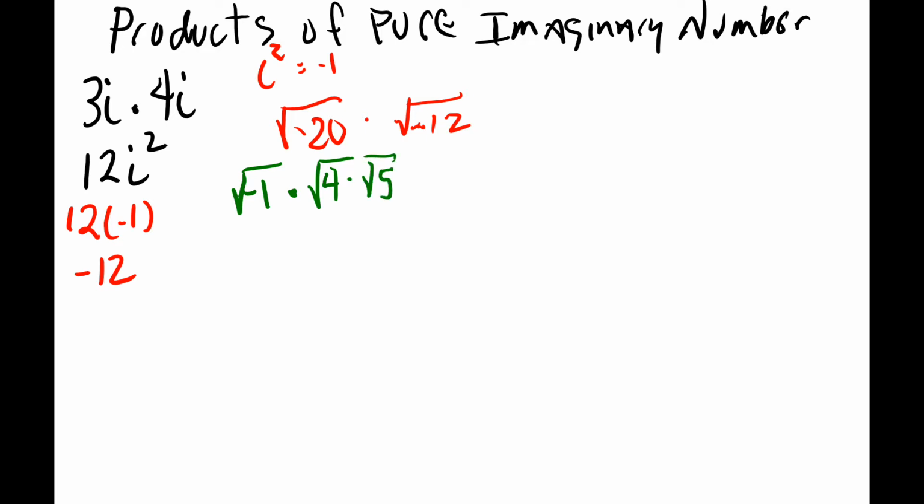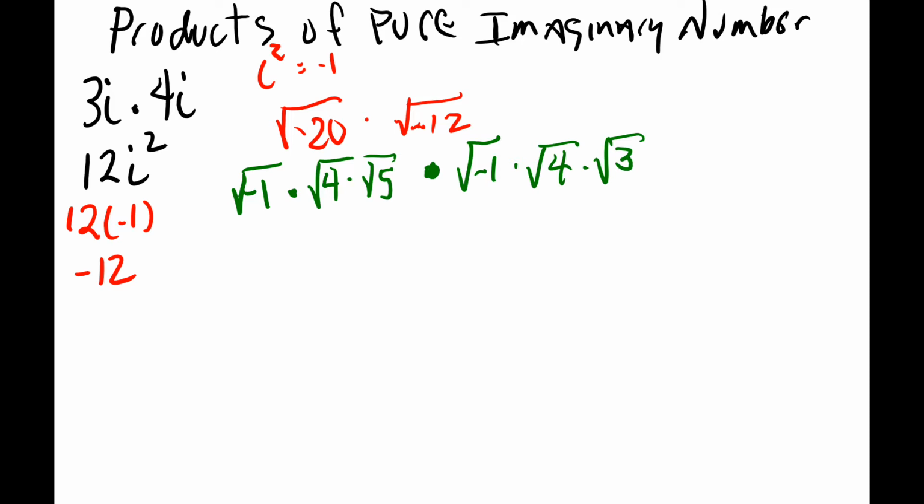All right. Now let's put our thinking into -12. Well, I got a negative there, so I got the square root of -1, which of course is going to be i. And is there a perfect square inside of 12? Well, 4 times 3 is 12. So again, I've got the square root of 4 times the square root of 3.